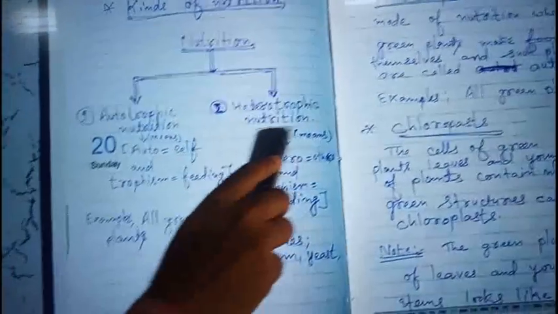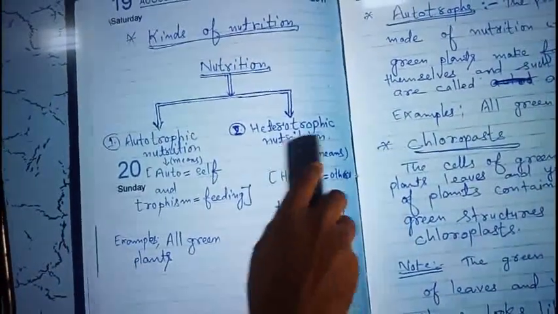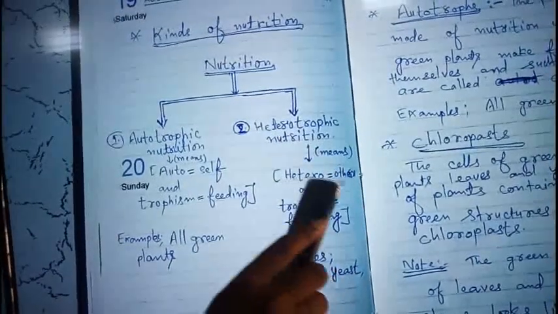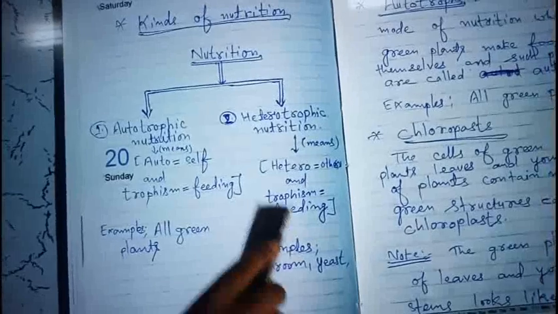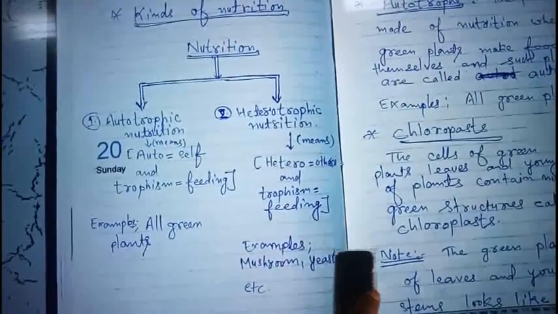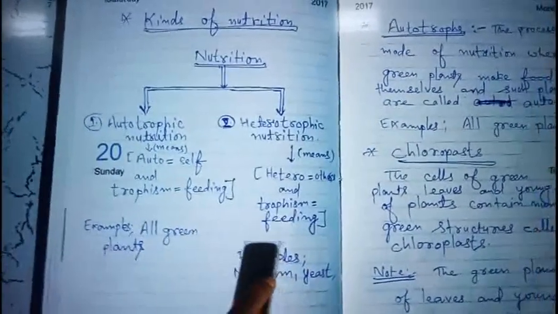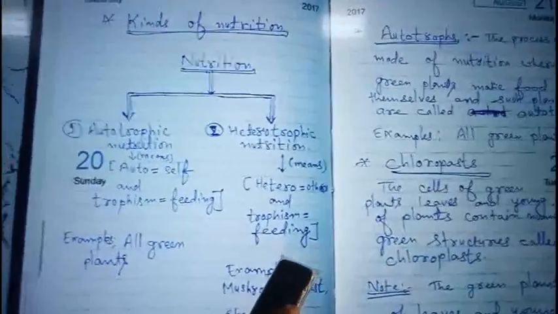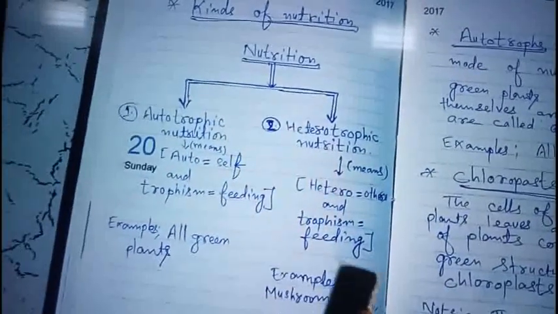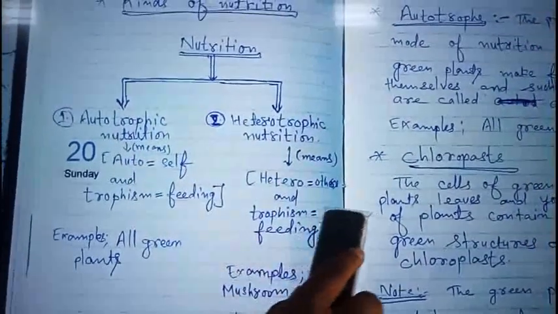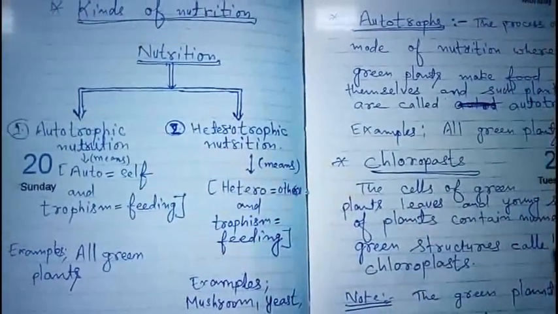But when we talk about heterotrophic nutrition, hetero means others, so they depend on others for feeding. Trophism means feeding. Both meanings are the same, but the condition is different.